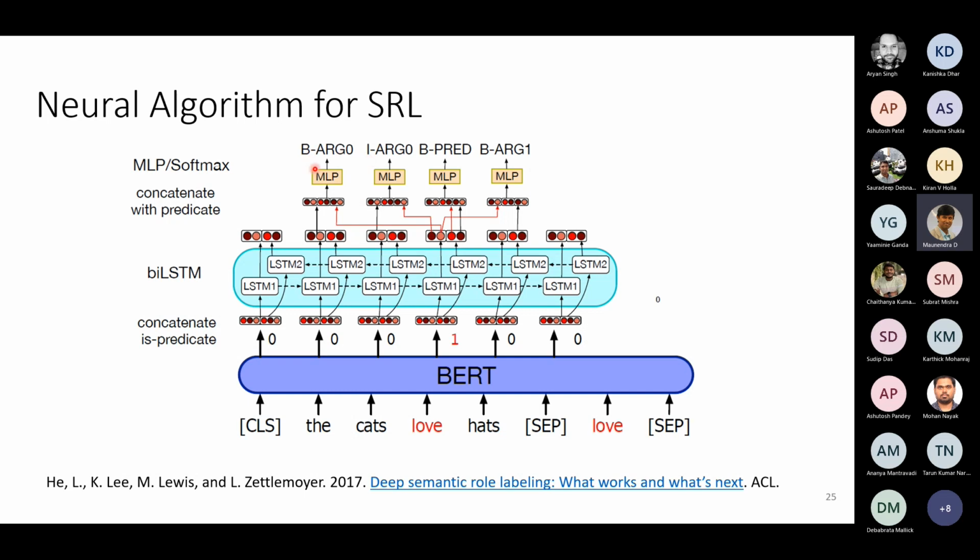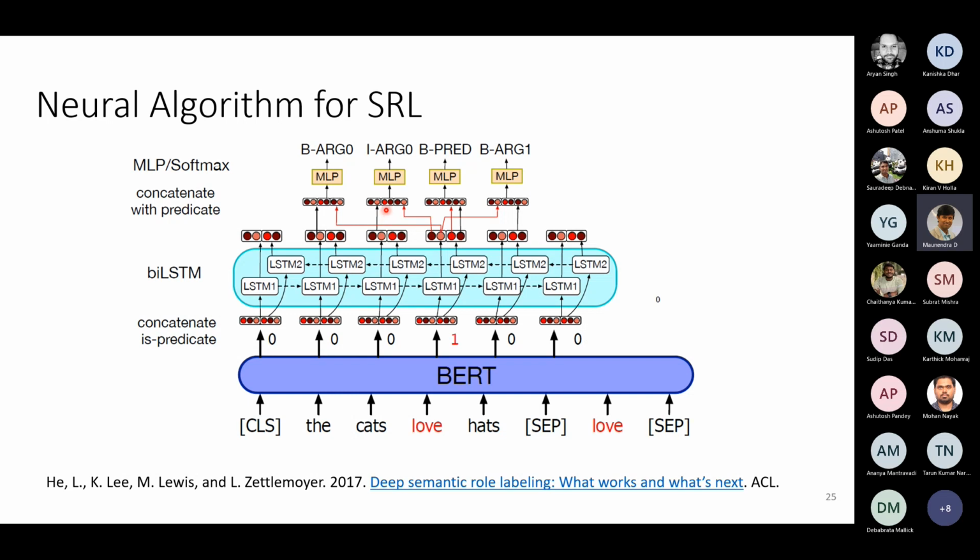So it's the beginning of arg0, and this one is inside arg0, and then we have B-pred, the beginning of the predicate. This is used to indicate which different things we should combine. Both these things come together, and then the MLP decides the role of this word in the context of this predicate.